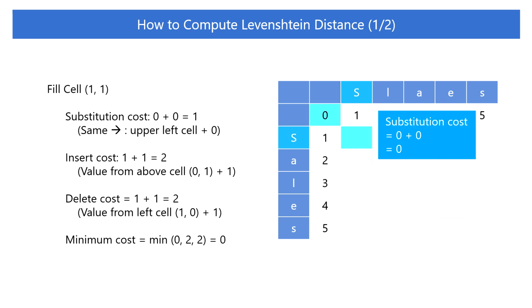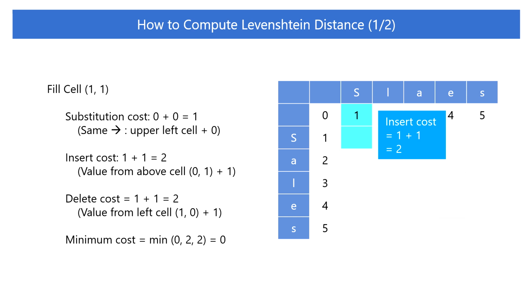Let's fill the cell 1, 1. For 1, 1, compare S from cells and S from slice. These are the same characters, so the substitution cost is the value from the upper left cell plus 0. It is 0 plus 0, so it is 0. The insert cost is the value from the above cell plus 1.